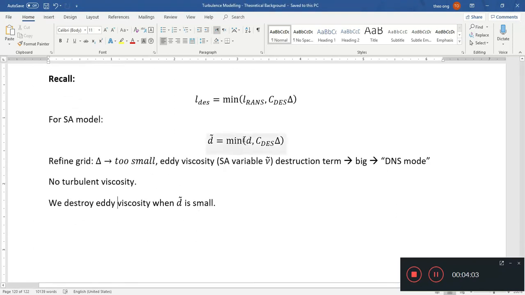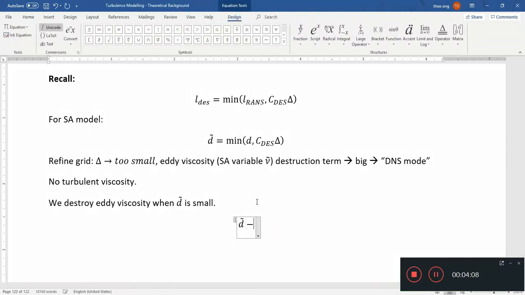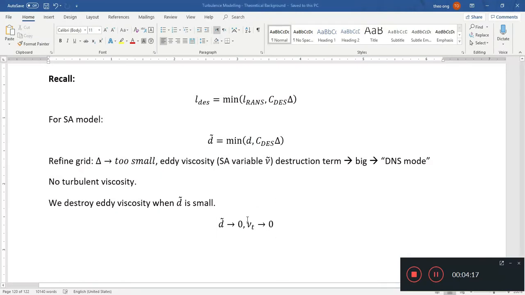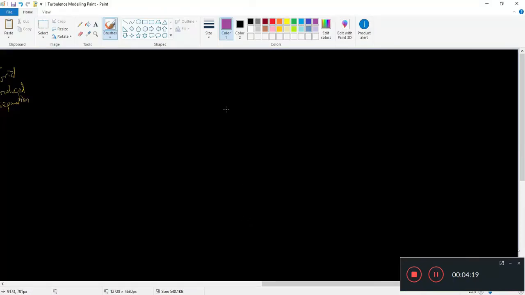So when d approaches 0, D tilde approaches 0, and nu T approaches 0 as well. So where does this usually happen? Well, this usually happens at the wall. Recall near the wall, your d is approaching 0.